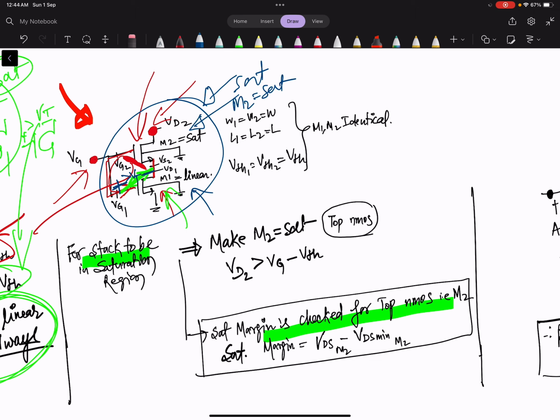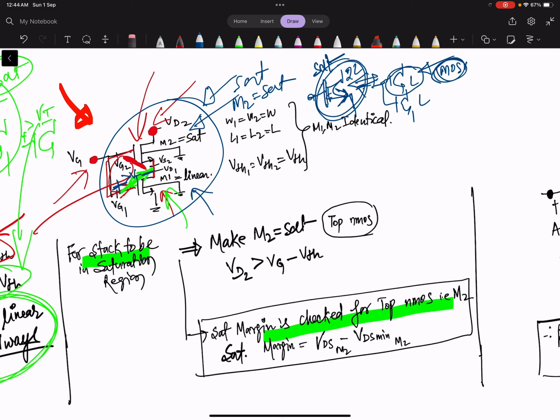Okay, so if we want to know that, let's say this complete device structure has been split into two devices, and this is the equivalent device with length 2L. So we want this to be in saturation, so I'll look at the top MOS being in saturation. What does it mean?